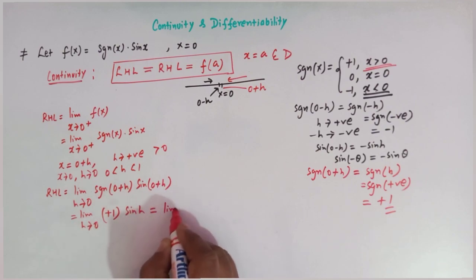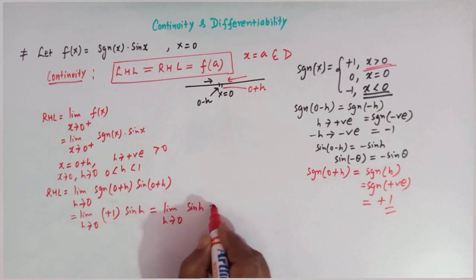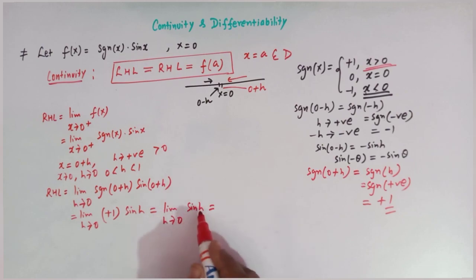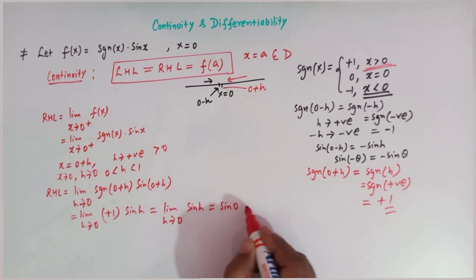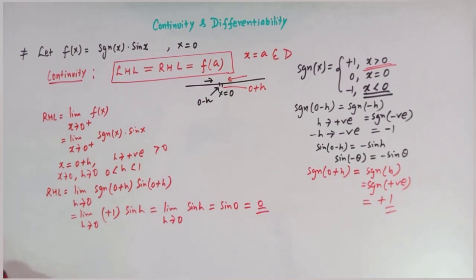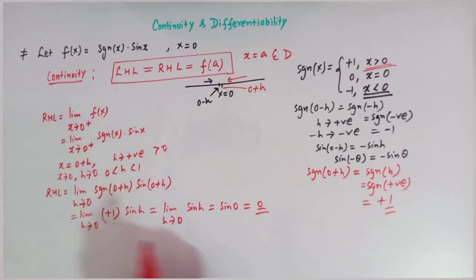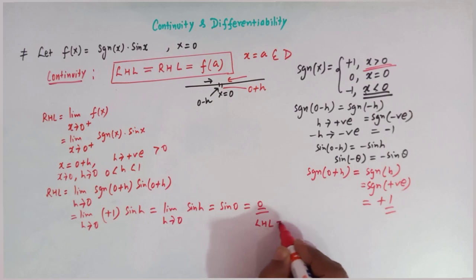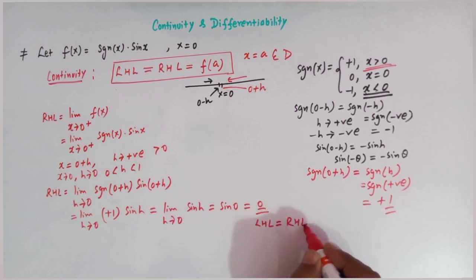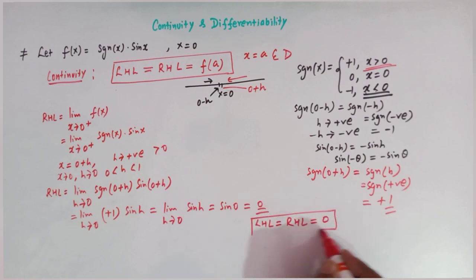So this is limit h tends to 0 of sine h, and if we tend h towards 0, we have sine of 0, which is equal to 0, right? So the left hand limit was 0, and the right hand limit is also 0. So the left hand limit is equal to the right hand limit, and both are equal to 0.